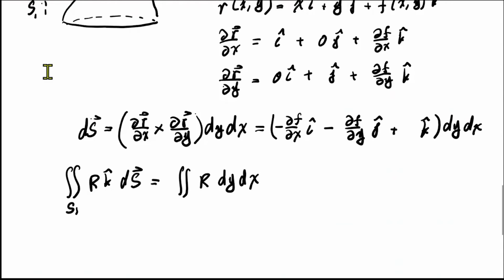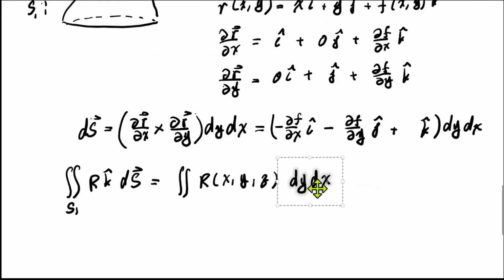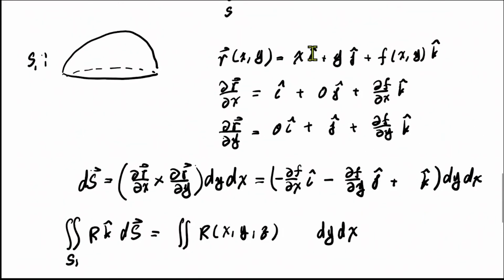But let's think about this a bit. What are the variables inside of R? This originally has x, y, and z in it, right? Now we have a problem because we don't have z. What is our z? We are supposed to plug in these things.